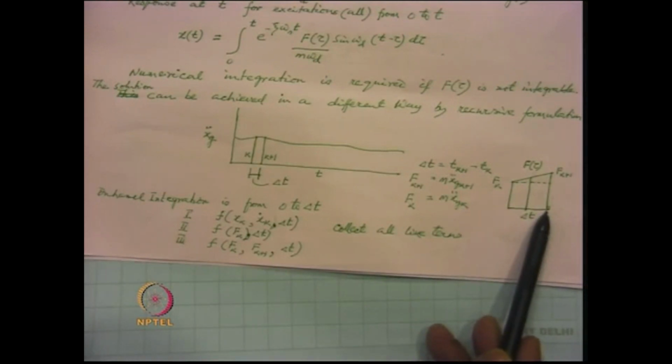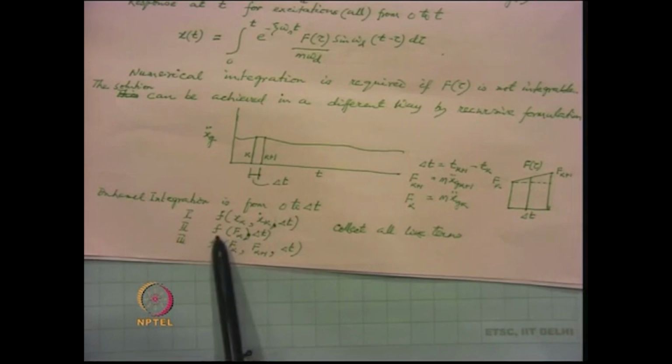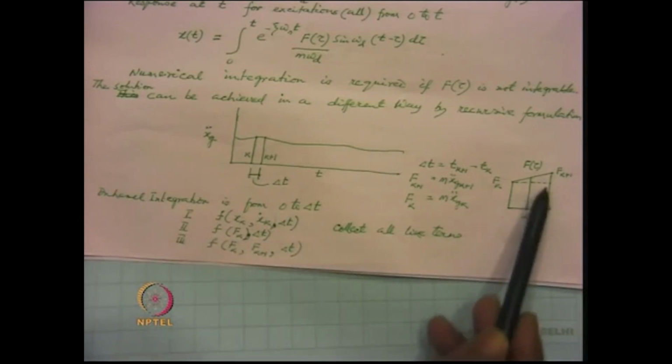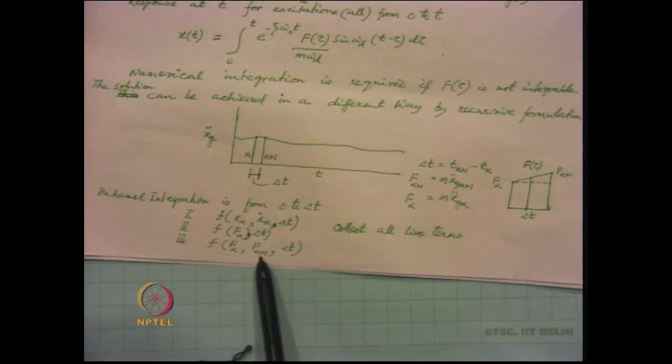What is the response at this point? This will be a function of f k and delta t, and the third part of the solution, for the triangular part, requires the knowledge of f k plus 1 and delta t.